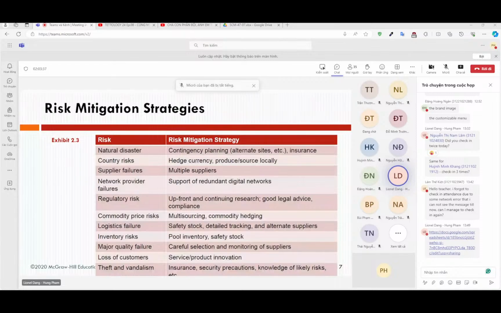What kind of activity of your company? We are providing the agriculture products. Right. So what are the risks of your company? We think that we may be facing the natural disaster risk.